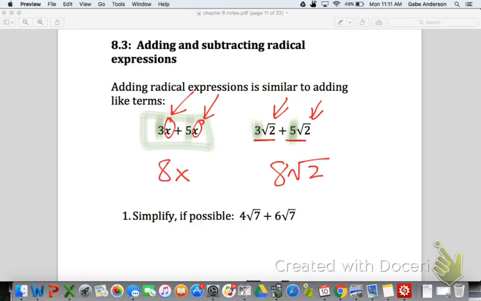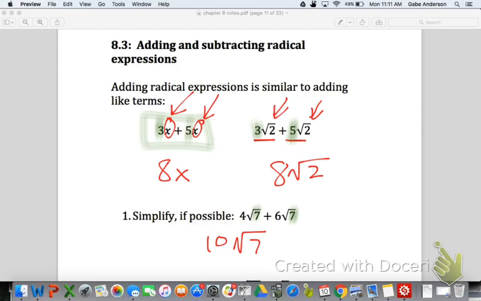So those are like radicals because they are both root 7s. And so whenever you're trying to add like terms up, you add the coefficients, which in this case are the 4 and the 6. So you'd get 10, and you leave the radical the same. So 10 root 7 would be your simplification there.